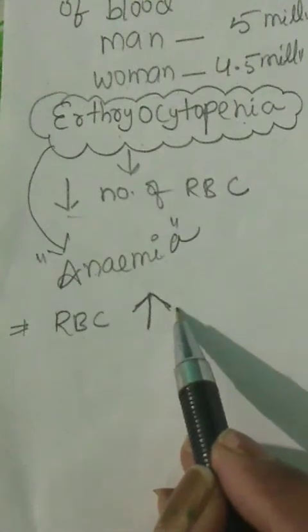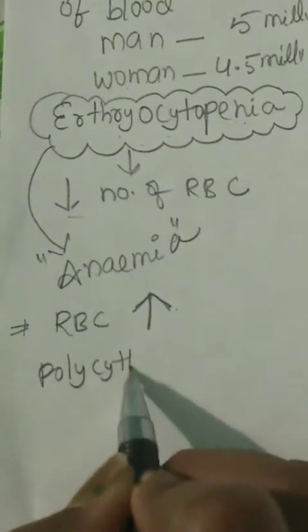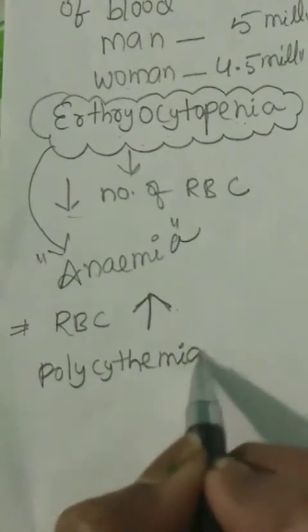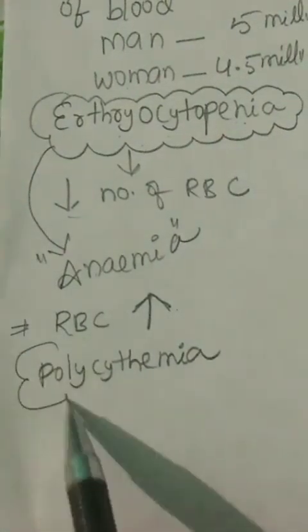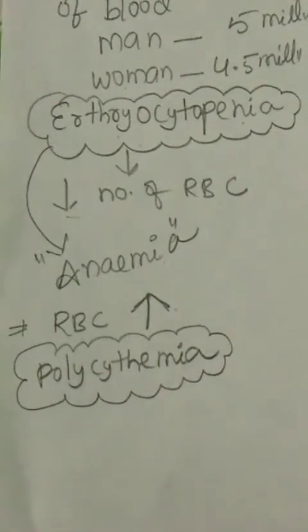That condition is called polycythemia. Polycythemia is a condition where RBC number increases abnormally. Right?